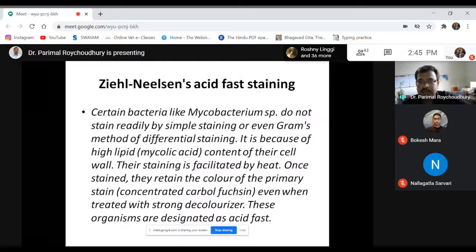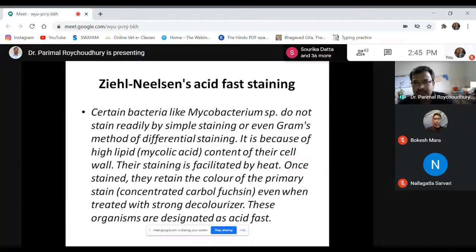After performing the gram staining, some part of the bacteria take color, and the majority of them are refractile and don't take any color. So in that process, this particular staining technique was developed.